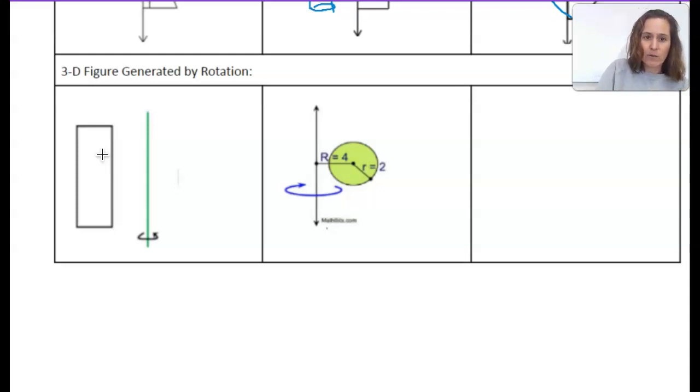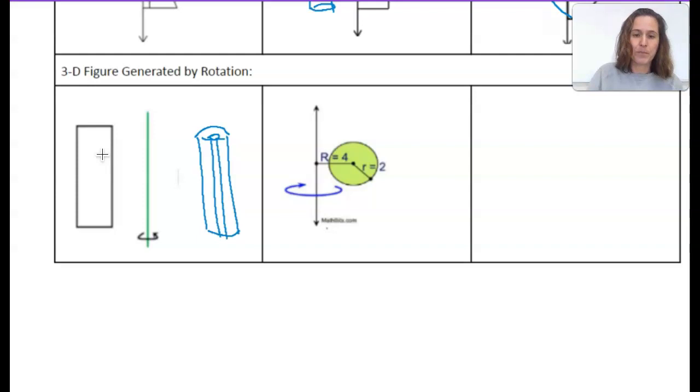So when I rotate that around, it's going to look like a cylinder still, like this, but it's going to have a hole through it, like that. If I rotate the circle around the axis, this one's a little bit more interesting. It'd create a shape that looks similar to a donut. So if I have the center of the donut, then this would be the outside of it.